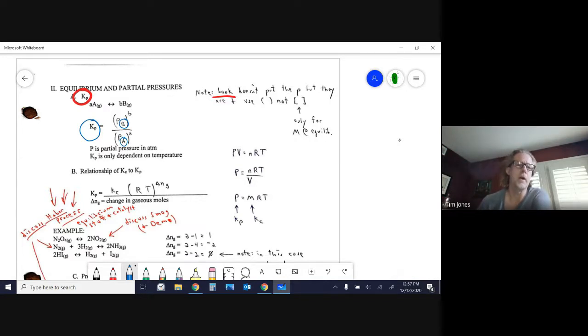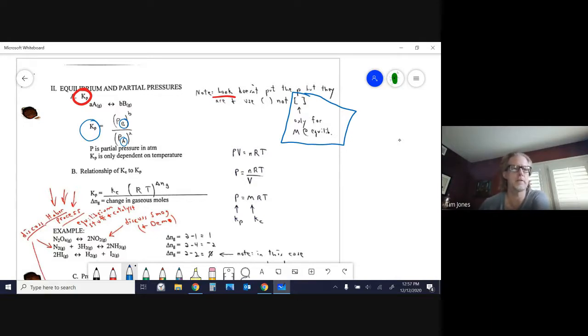Also, put it in parentheses and not brackets, because as I mentioned over here, brackets mean molarity at equilibrium. So it's a specific situation. In this case, it's not molarity. So do parentheses and put the P to mean pressure.